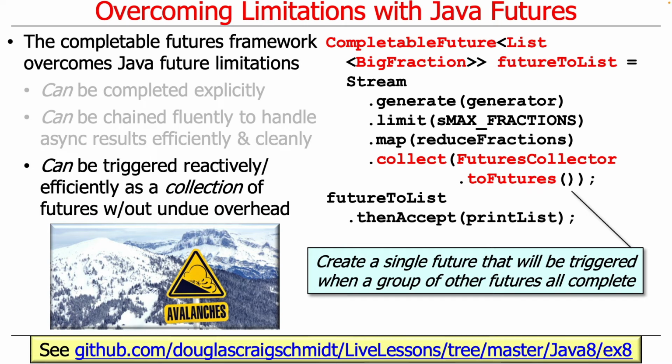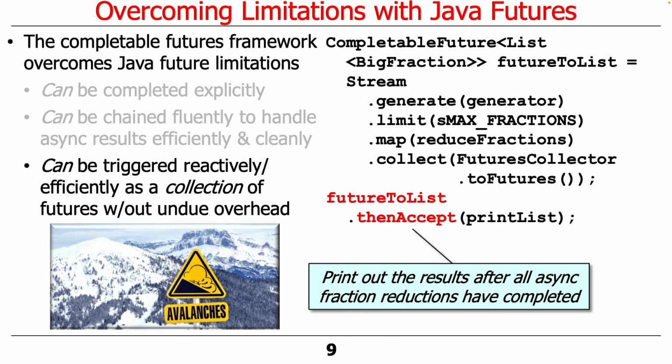And then it goes ahead and it multiplies or reduces and multiplies them in the background. So we've got, let's say, 100 multiplications and reductions taking place in the background on randomly generated big fractions. And then we're going to collect the results together into a single completable future. And that single completable future will then trigger only when all the other asynchronous computations are finished. And after that happens, then we go ahead and print the results.